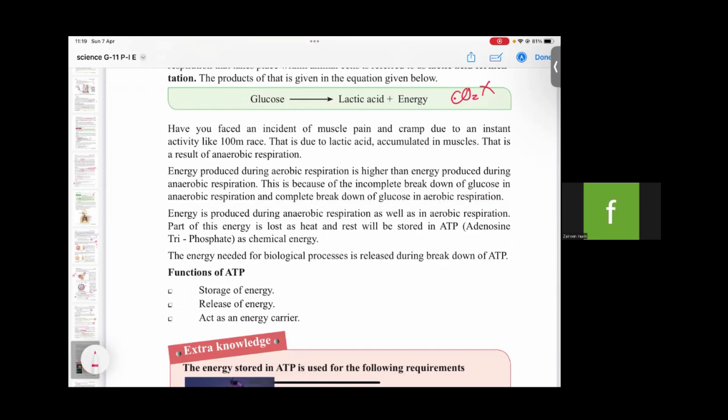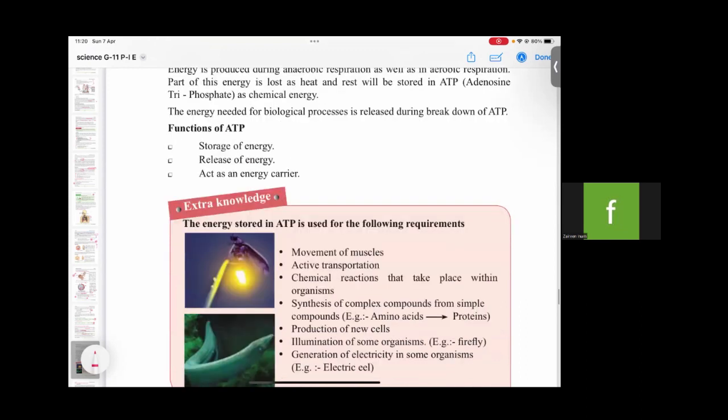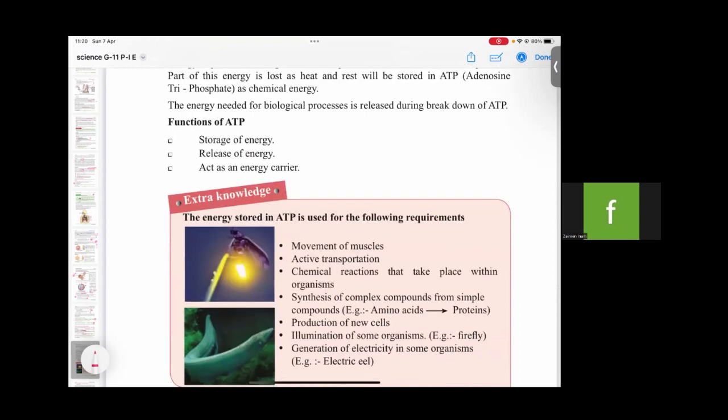And the energy that was produced by the respiration, part of it will be lost as heat, and rest will be stored in ATP, which is a nucleotide adenosine triphosphate, as chemical energy. Okay, why do we need ATP? Why do we need energy? Okay, that we'll see later. Functions for ATP. So ATP, it store energy. Whenever we need, it will release the energy and it will act as an energy carrier.